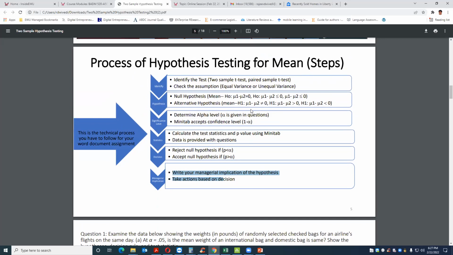That was 2 samples. There's a question: what about if we have more than 2 samples? If you are going to compare Spokane, then you are going to compare Liberty Lake, and then Coeur d'Alene, 3 areas, or Sandpoint. How can I compare more than 2 samples?